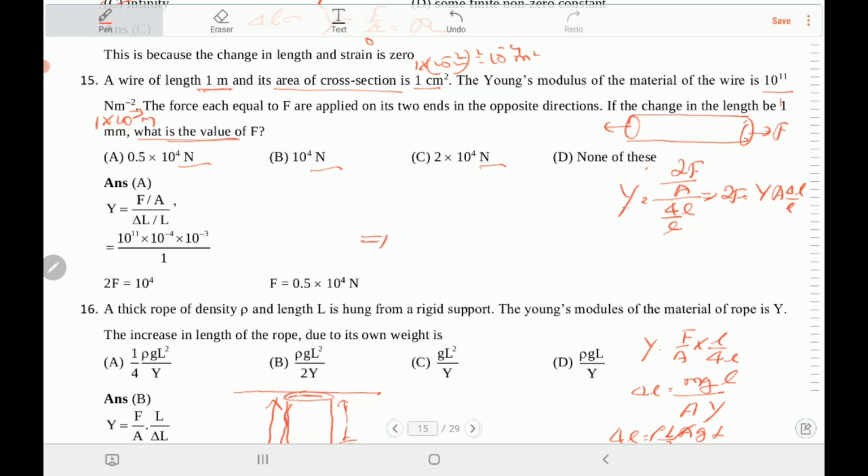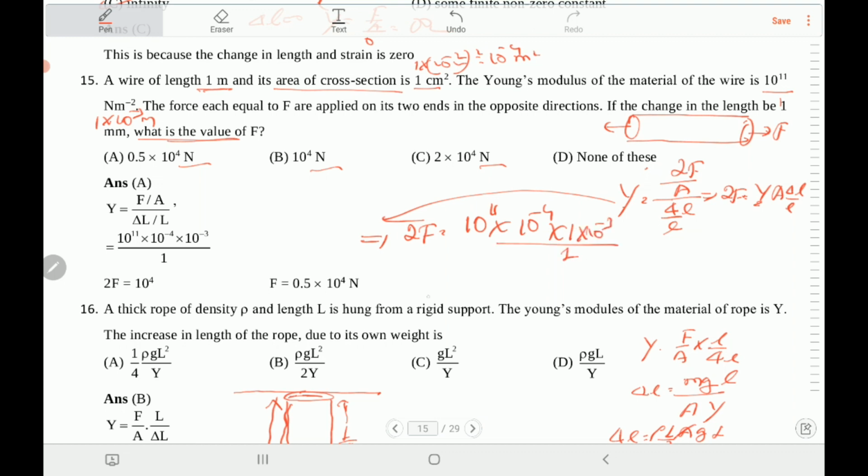Therefore, this implies, I will continue here. I have 2F on the left side. And on the right side, for Y you put 10 power 11. For A, 10 power minus 4. Area itself is given here, not area in terms of radius or diameter. What's the change in length? 1 mm, 10 power minus 3. Divide by the original length, 1 meter.